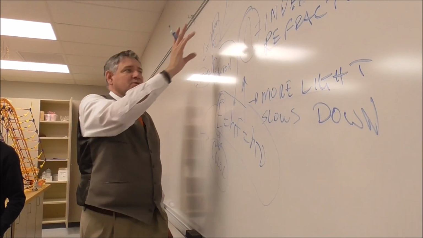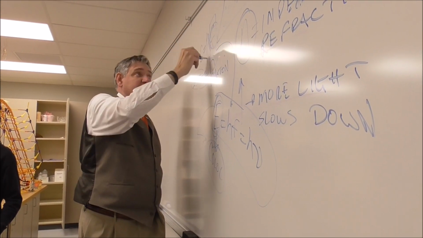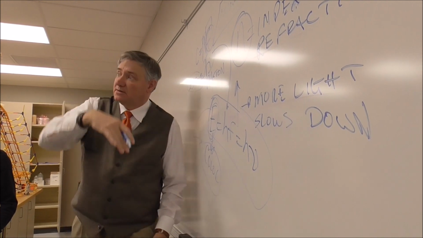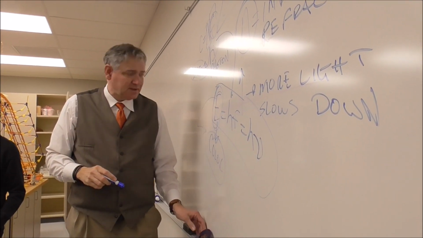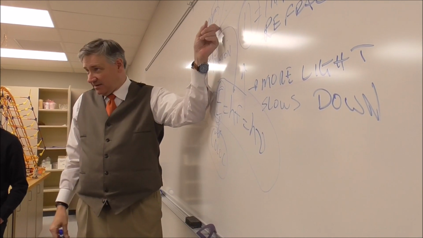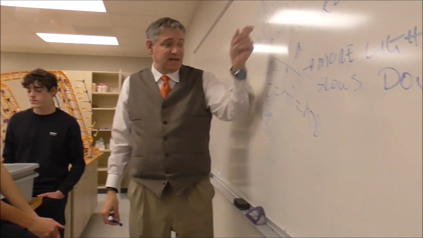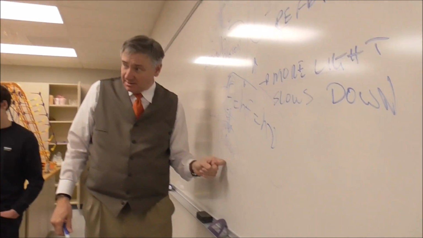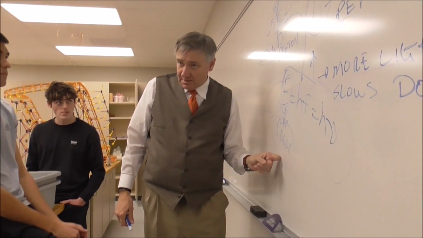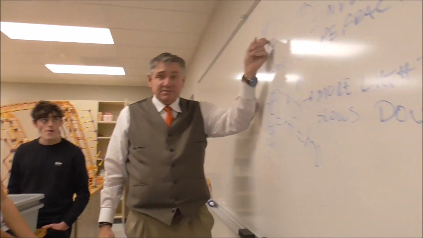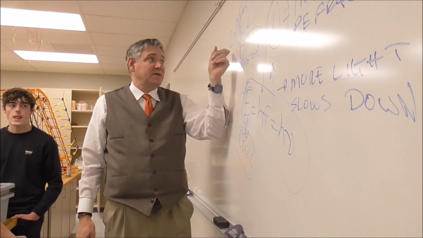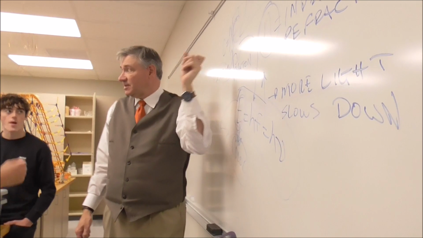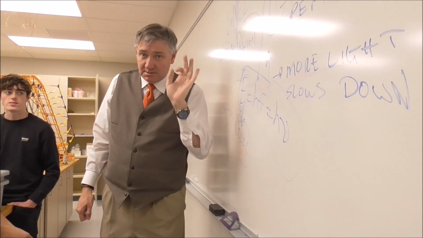The frequency stays the same because energy stays the same because the color stays the same. But the speed of light is less, so what's the only way that can happen? The wavelength has to decrease. Wavelength has to become smaller.